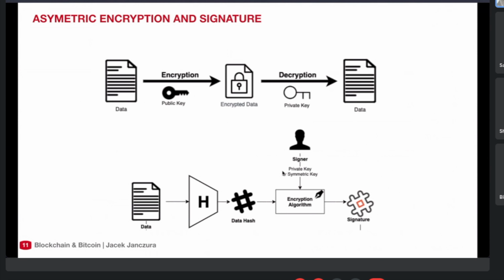So you use your private key to encrypt a piece of data. The server sends you a challenge: if you are Anush, encrypt for me this random string. Then you use your private key, you encrypt this string, and you send it back to the server. Dear server, I'm Anush.